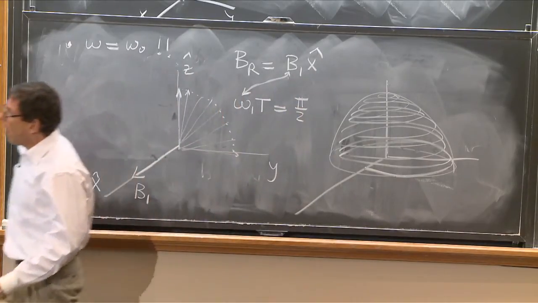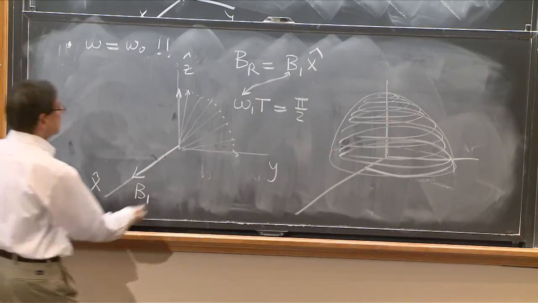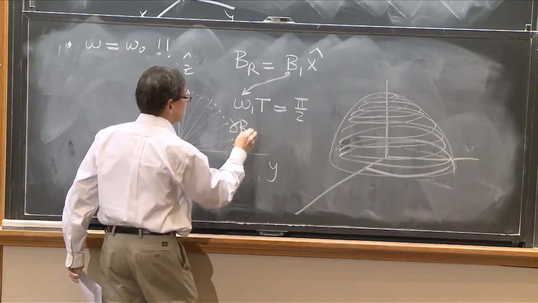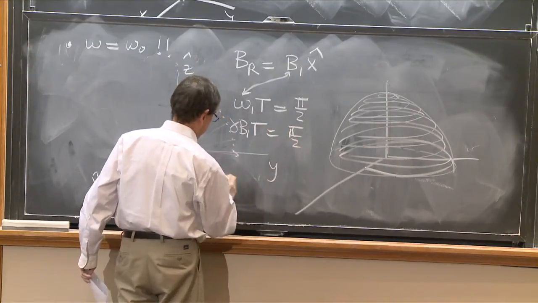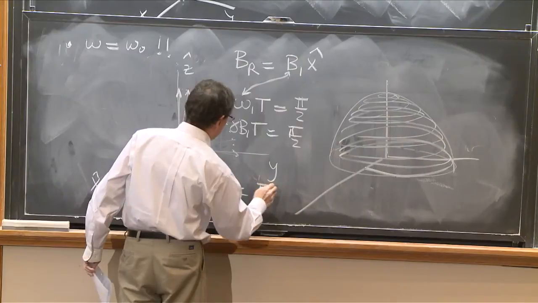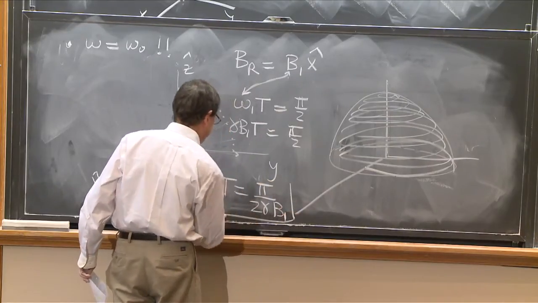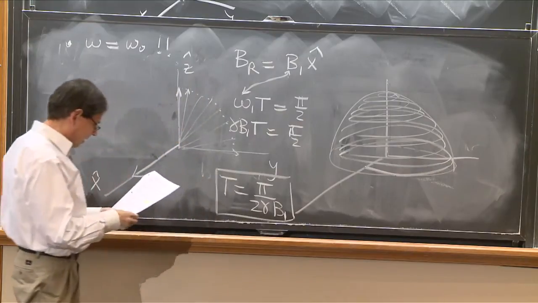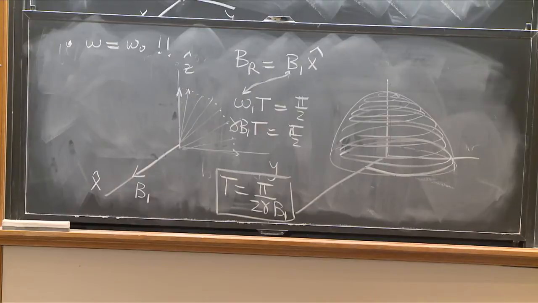And omega 1, just like any omega, is gamma B1. Pi over 2. So T is pi over 2 gamma B1. It's called the half pulse, something like that. No, a 90-degree pulse. That's a normal name for it.